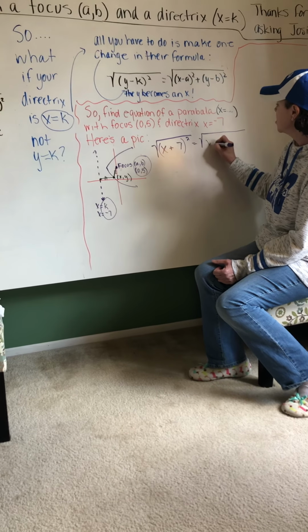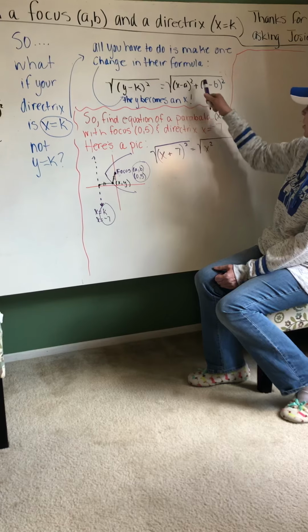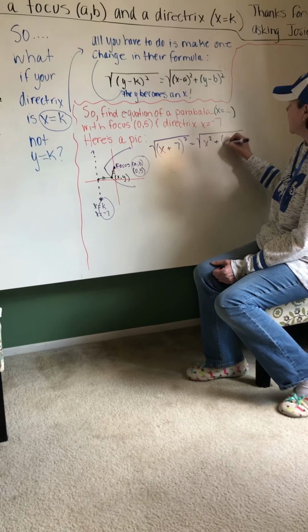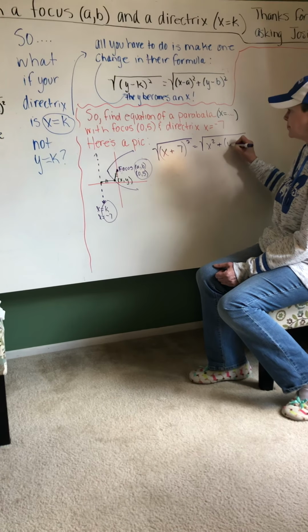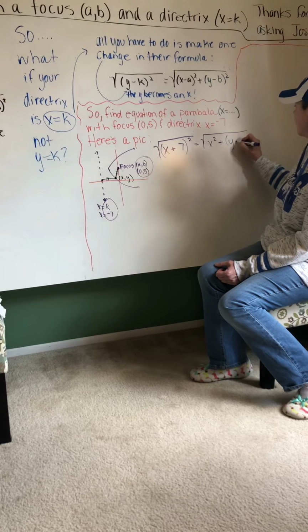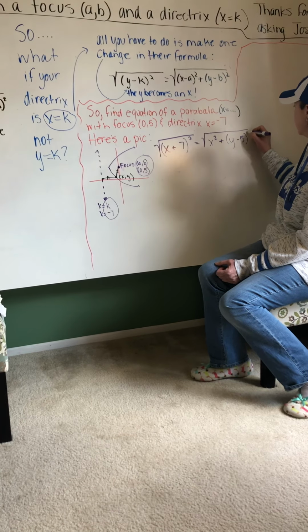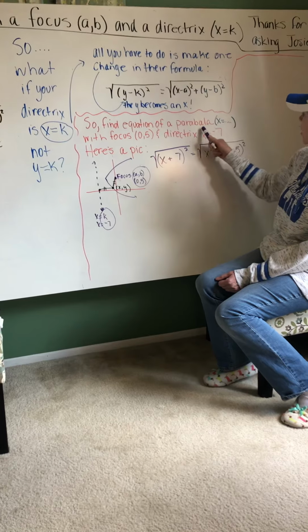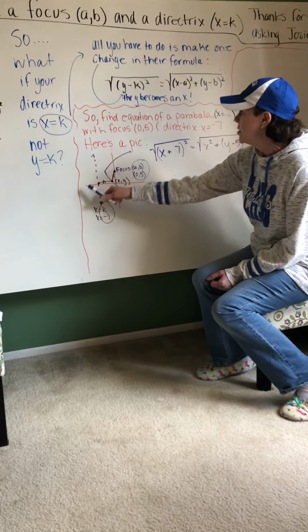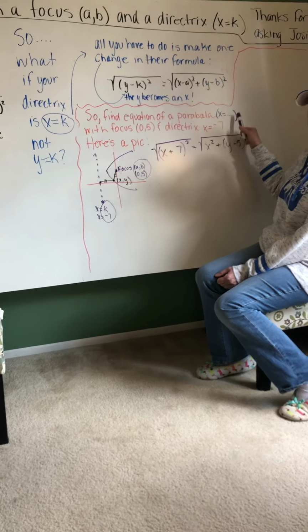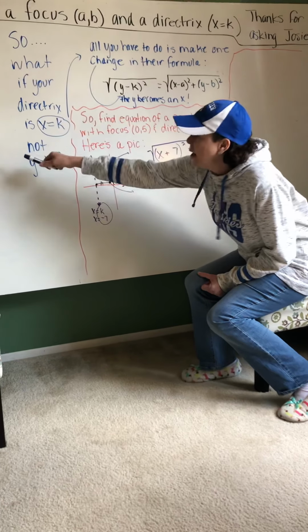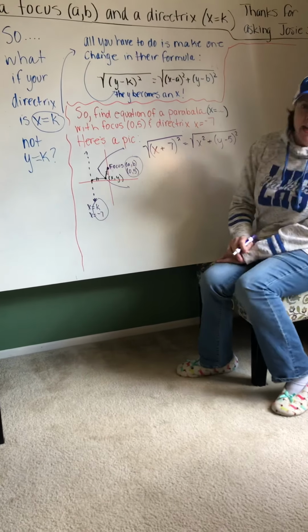Oh, that's easy. Let's just put x squared, then plus y minus b, and our b is 5. There we go. Now, a parabola that goes right or left will end up being x equals instead of y equals. So I'm going to work to get the x alone.